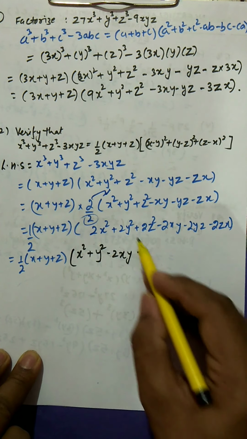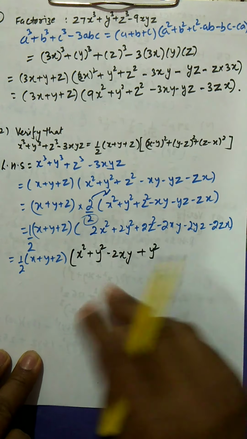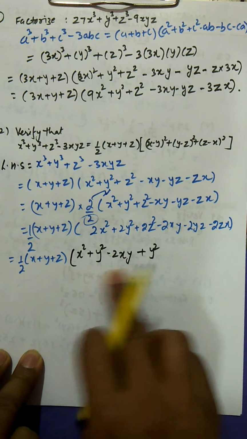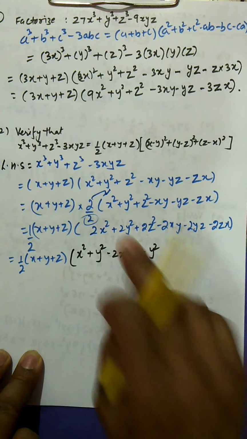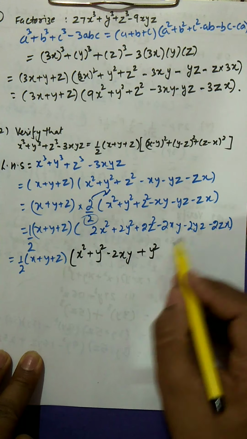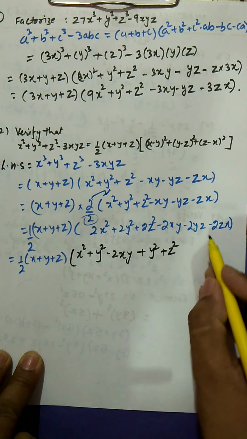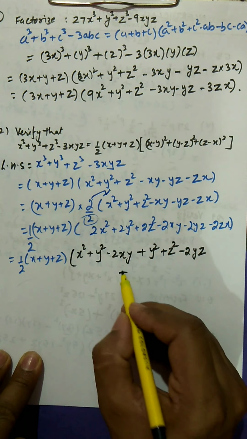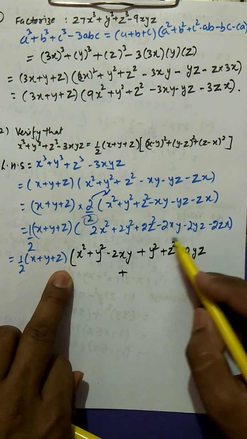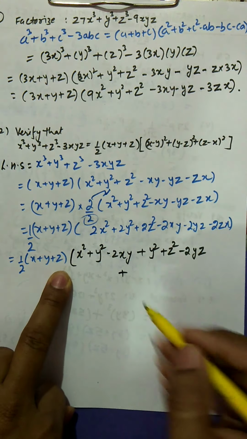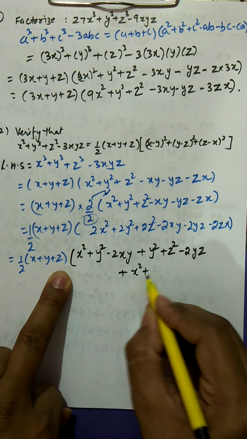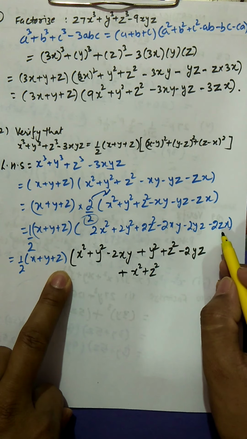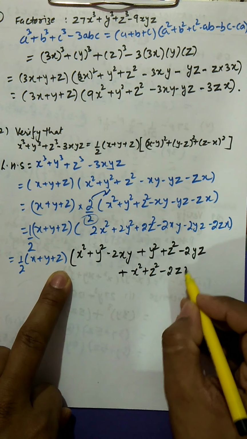Next I'm going to take this y square. One y square is taken here, one y square is taken here, so 2y square is complete. Then z square, you can take one z square and take 2yz. Next your one x square is left and your one z square is left, so make the group of that x square plus z square and take this minus 2zx.